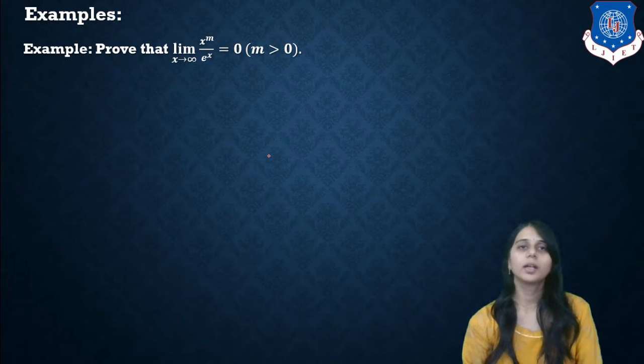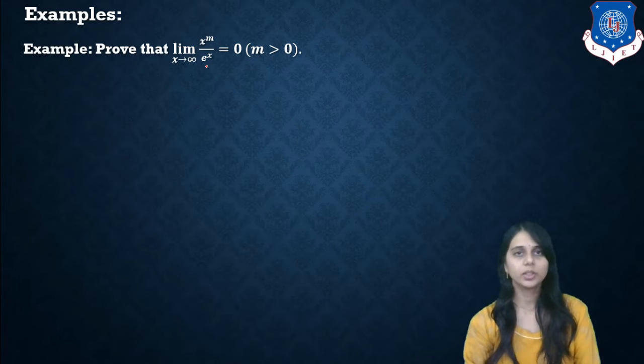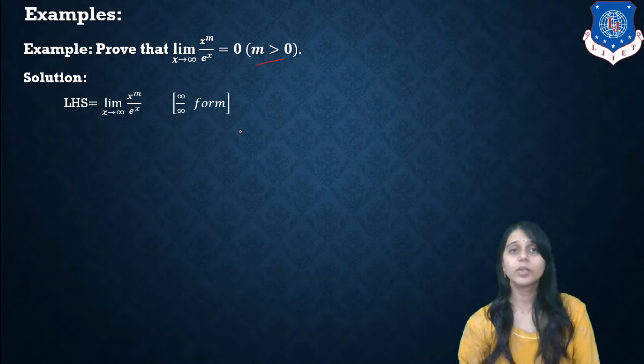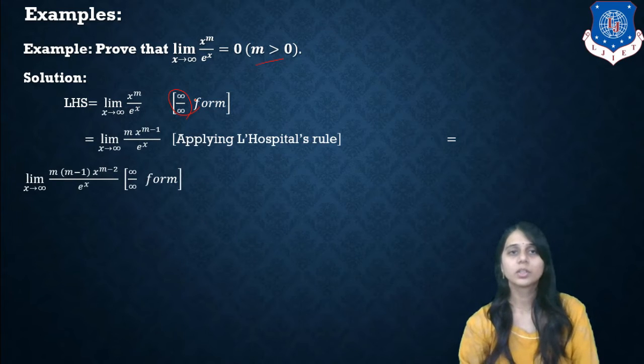Prove that the limit as x tends to infinity of x raised to m upon e raised to x equals 0, where m is greater than 0. Solution. We take the LHS, x raised to m upon e raised to x. Applying x tends to infinity, we get infinity by infinity formation. So we take differentiation: m x raised to m minus 1 upon e raised to x.